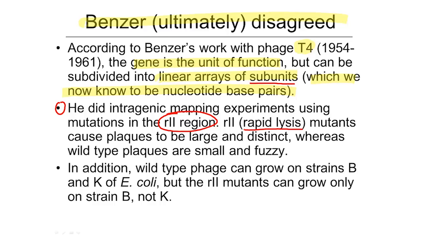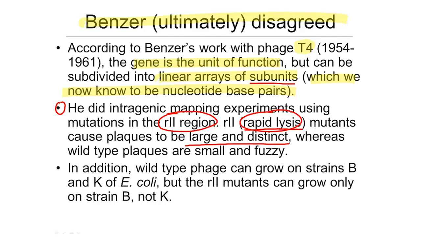If you're mutated in the R2 region, we call those mutants rapid lysis. Whatever that gene does, it causes them to lyse much more quickly, and that causes plaques to be large and distinct as well. I know this can get confusing because it's not exactly for the same reason that we just saw.